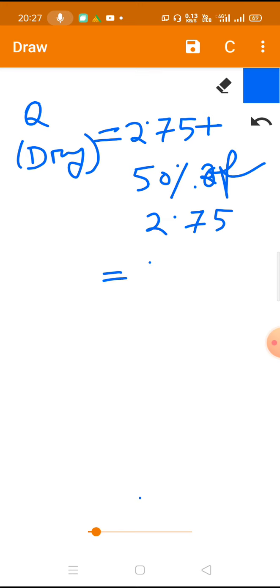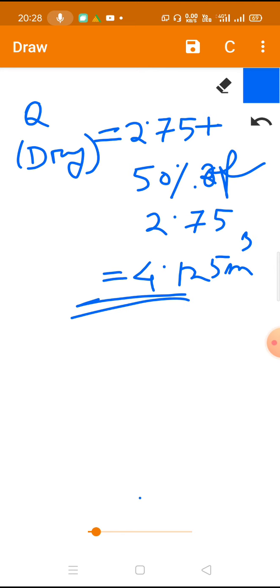Ultimately we get 4.125 cubic meters. So this is the total quantity of dry volume. From this only we will be calculating the quantities of cement, sand and stone. Clear? So remember this, 4.125.